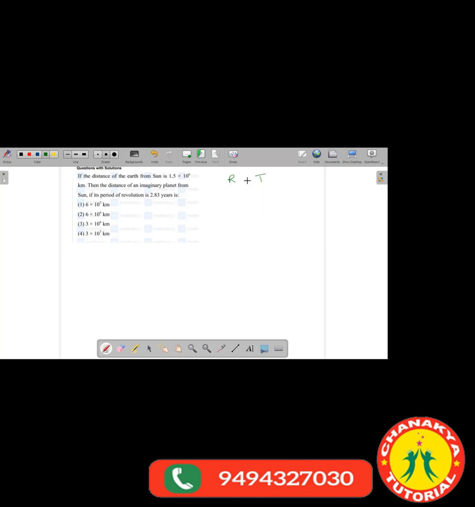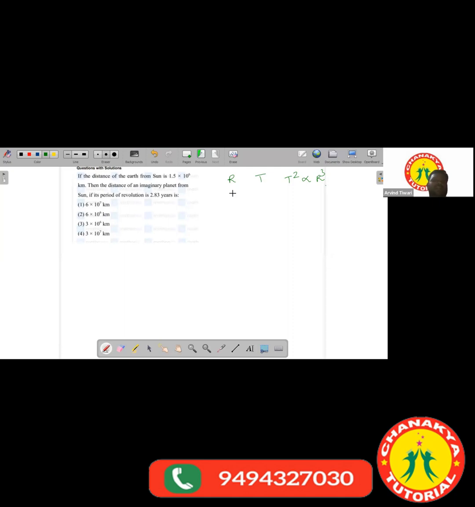T square is directly proportional to R cube. Yeah. So we will utilize this concept, T square proportional to R cube. First we will utilize this for the Earth, then for the planet, divide both of them and obtain the ratio. Therefore, we can find out the distance.